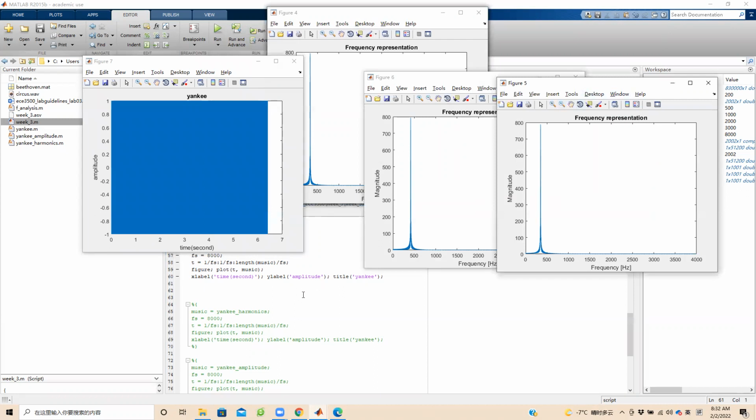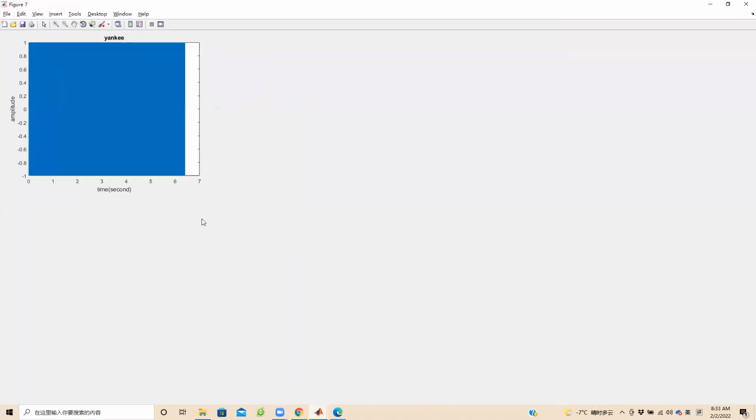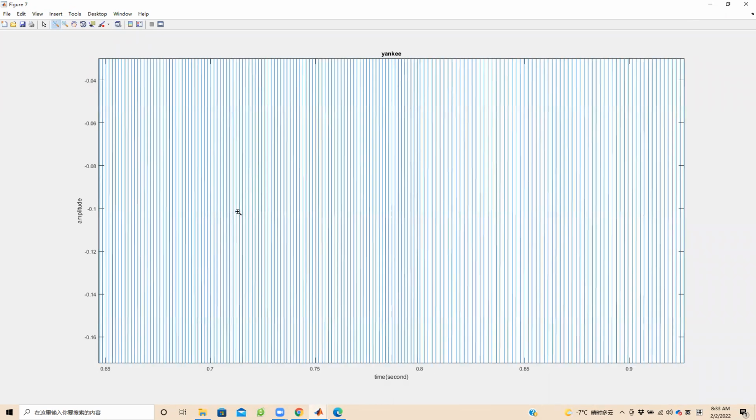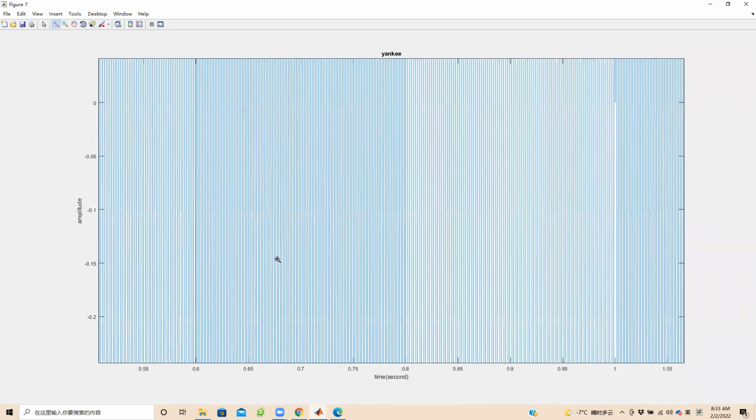So for the Yankee part, it has 27 notes. So this is the Yankee piece waveform. Actually, it's just a wave, and since the frequency is high, if we zoom in on this part, you can see it's a wave.